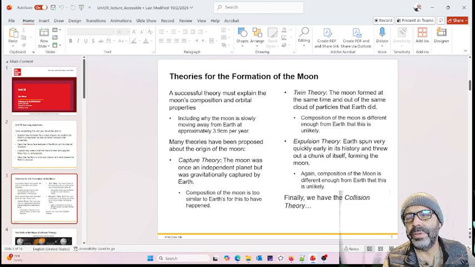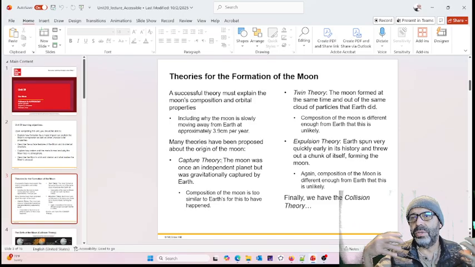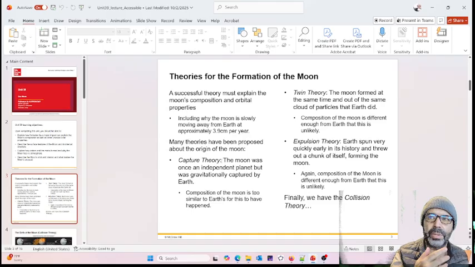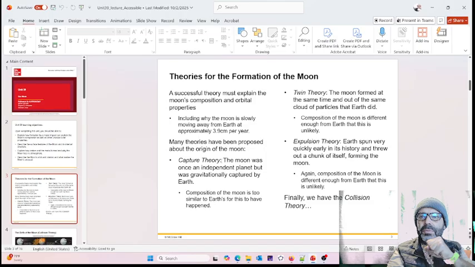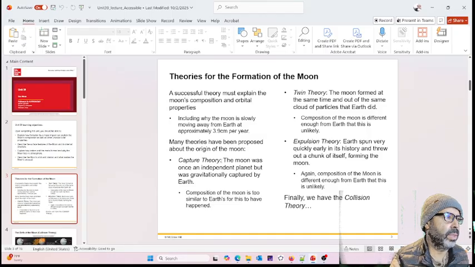One of the theories out there is that the moon was a planet on its own, and then it was captured by the Earth. Remember, a planet is supposed to orbit the sun, and the moon is not orbiting the sun, so it must have been captured by the Earth, and instead of going around the sun on its own, it started going around the Earth and then around the sun with the Earth.